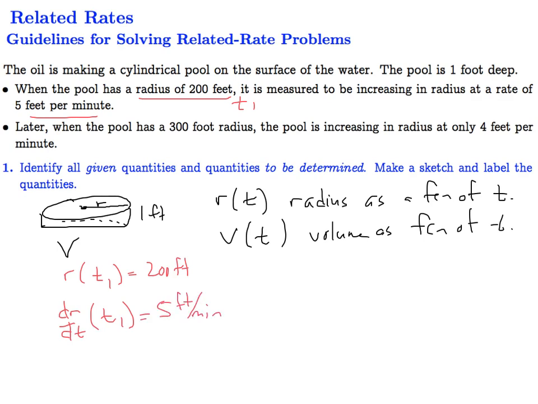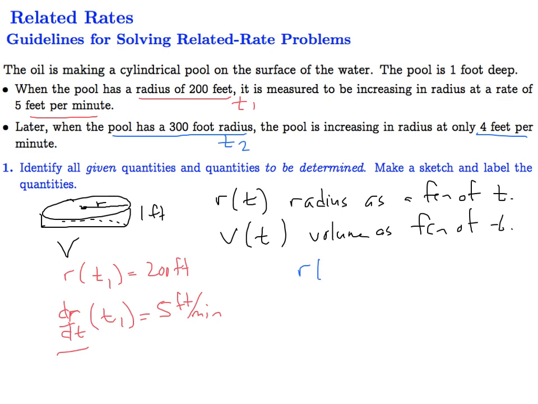So this tells us some very important things are happening at this certain time. We can also say when it has a 300 foot radius, it's increasing at 4 feet per minute, and this will be time t2.